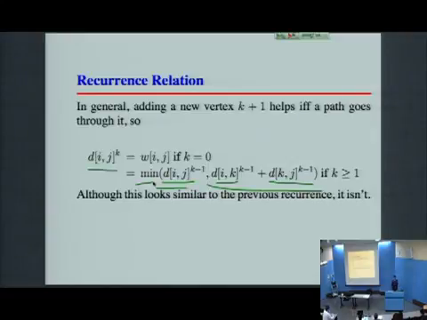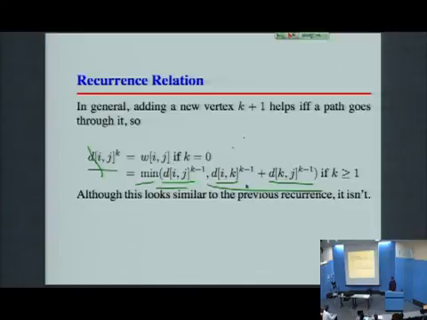How many people see this? Any questions about it? Does everybody see that if I could look up in a table what d_ij^(k-1) is, and what d_ik^(k-1) is, and what d_kj^(k-1) is, how much time is it going to take to fill in this number?